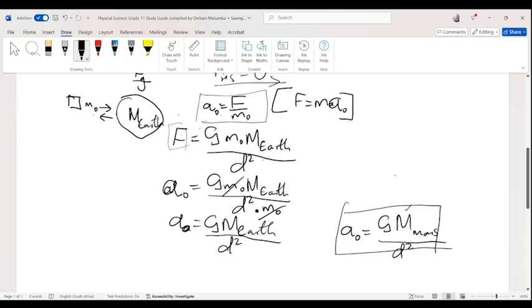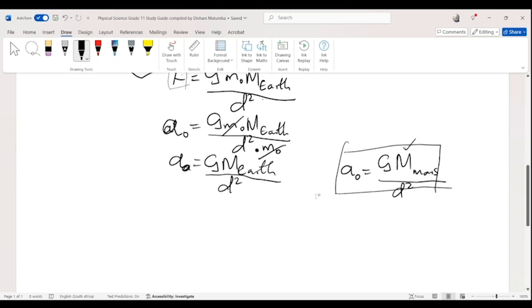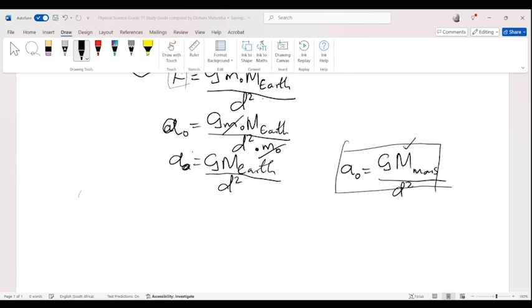Let's say there's a fly on top of me, it means the gravitational force of attraction will be given by this formula. This will be the mass of me, and the distance will be the distance from my center, the radius of my body. But that's okay. Let me highlight this formula. You're gonna need it. If possible, cram it.